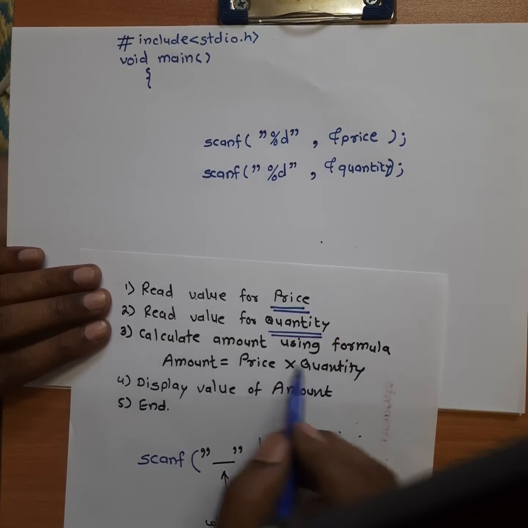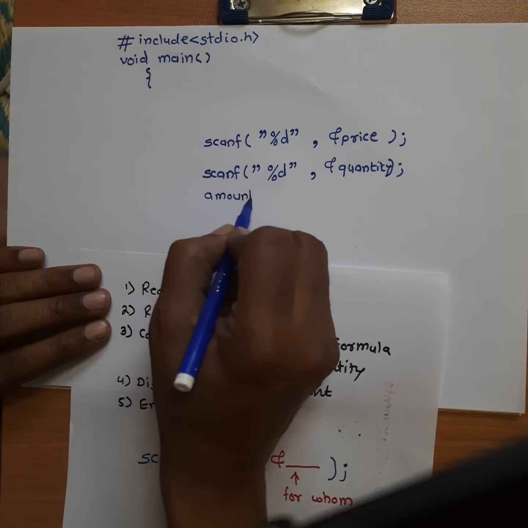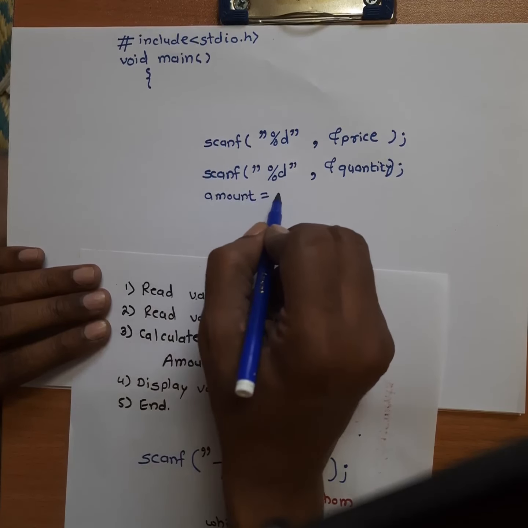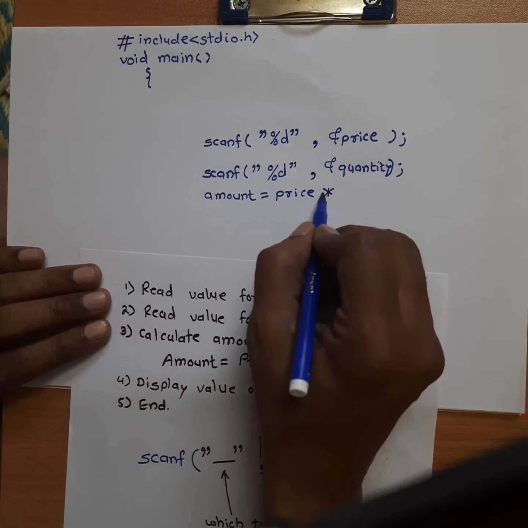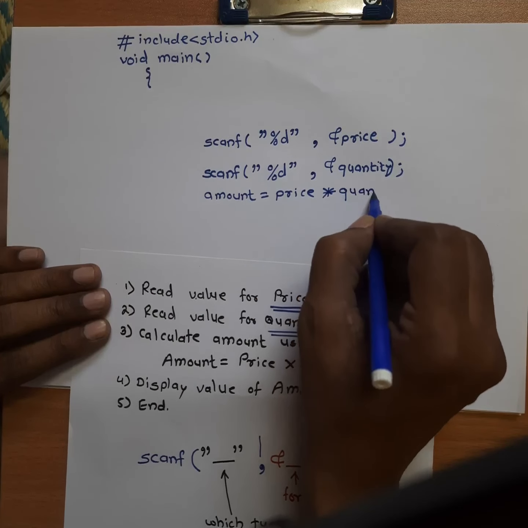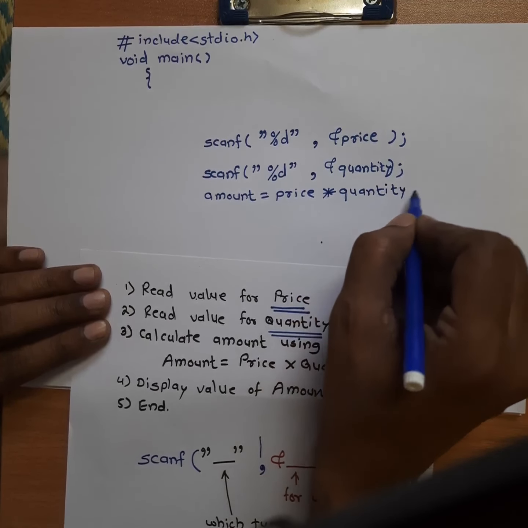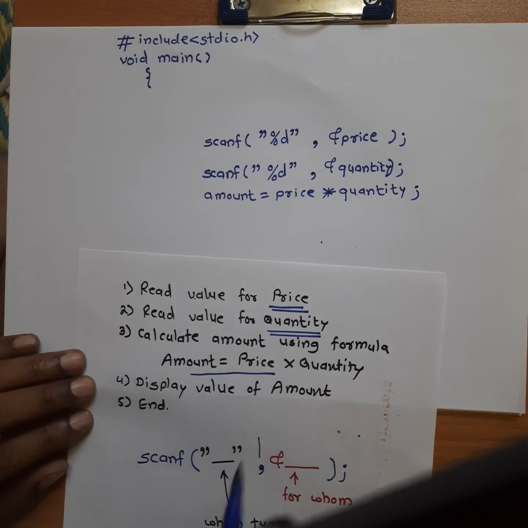Then calculate amount using formula. We will give here the formula: amount equal to price, multiplication we use star, quantity, and then semicolon. Amount equal to price multiplied by quantity. So the third statement is also over.